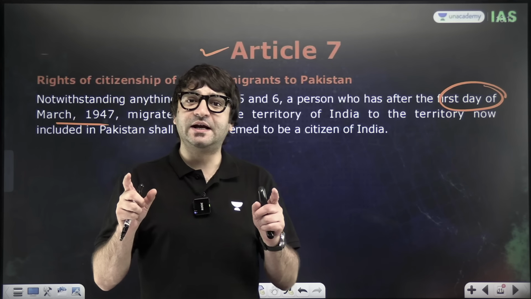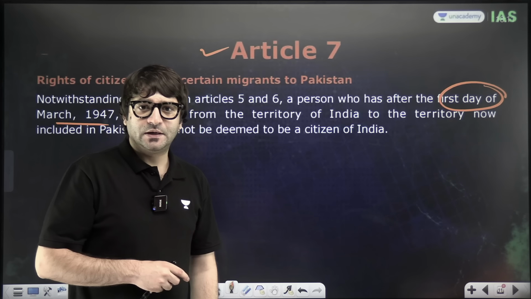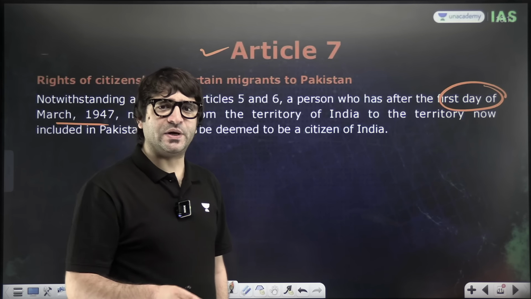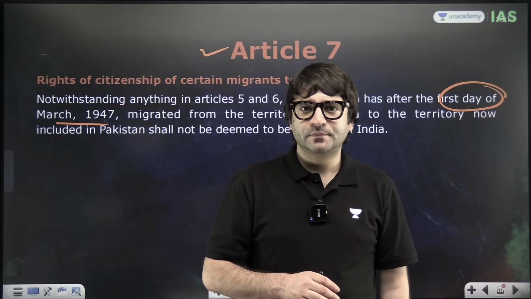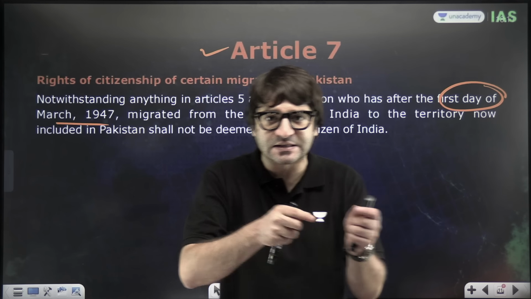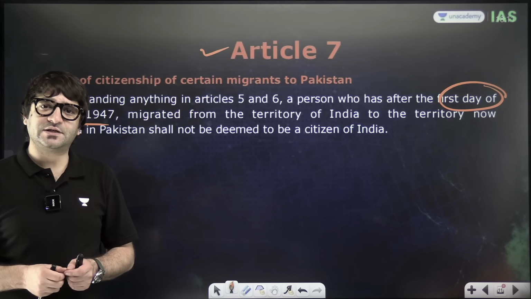Because this was the date when it became crystal clear that the country would be partitioned. Because Clement Attlee, the Prime Minister of Britain, made it clear that we are going to leave India. Although he said we are going to exit India in 1948, and then this date of independence was advanced to August 15, 1947.